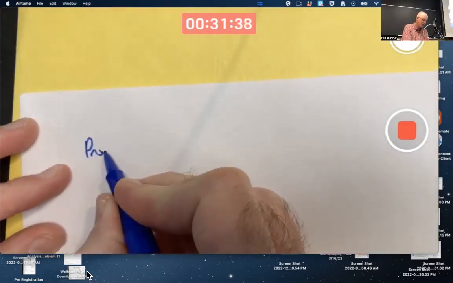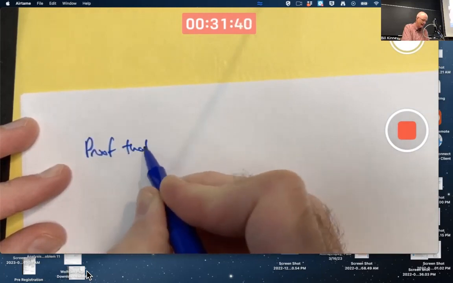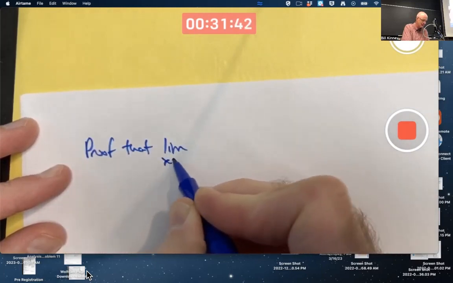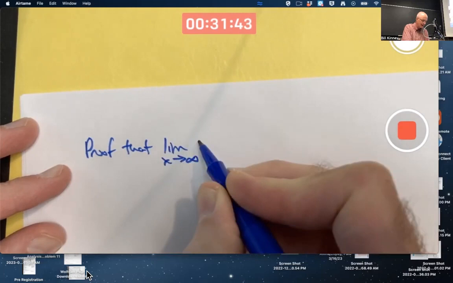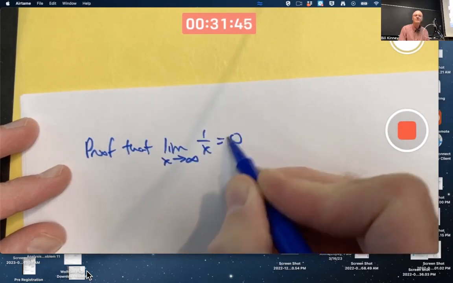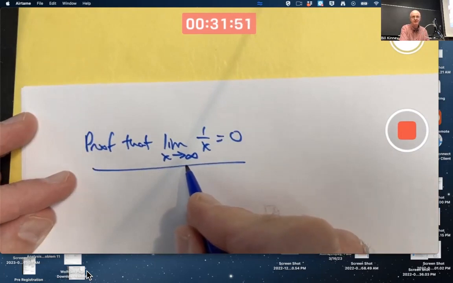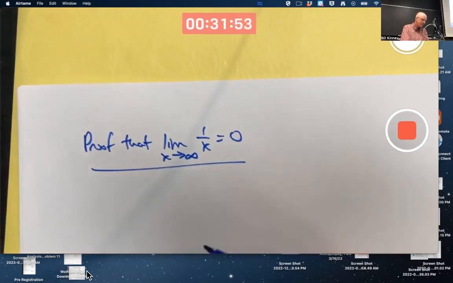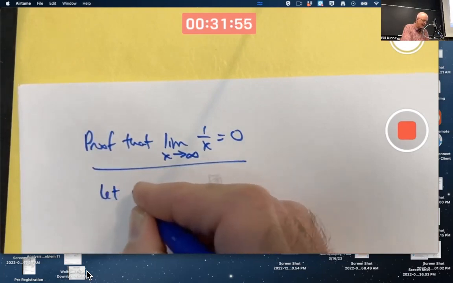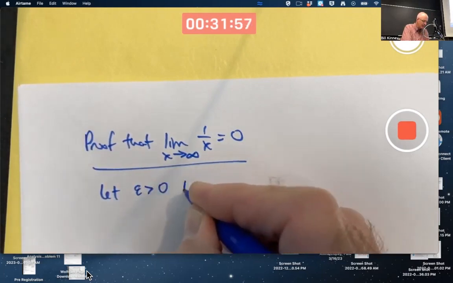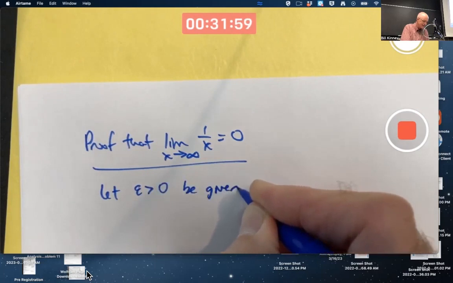Here's a proof that the limit as x goes to infinity of 1 over x is 0. And again, when I write infinity with just a plain infinity, I mean plus infinity. Start by saying, let epsilon greater than 0 be given. What is that?